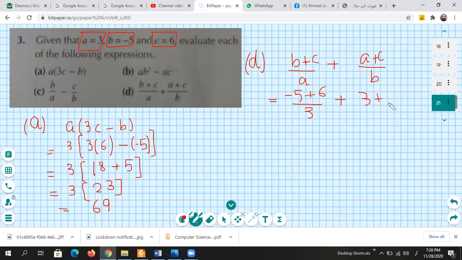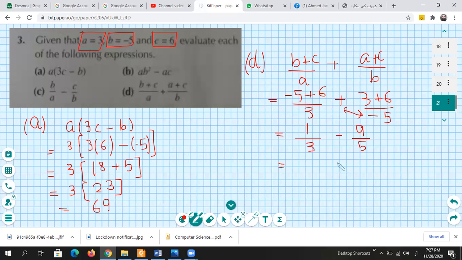So plus 6, and B is -5. Okay, simplifying it: -5 plus 6 in the numerator of the first fraction. Signs are opposite, so they will be subtracted. So 6 minus 5 gives you +1. Obviously, we will write the sign of the greater value. So it is +1, and denominator 3 as it is. Similarly, this plus minus this one. Plus minus becomes negative, whereas 3 plus 6 gives you 9 over 5.